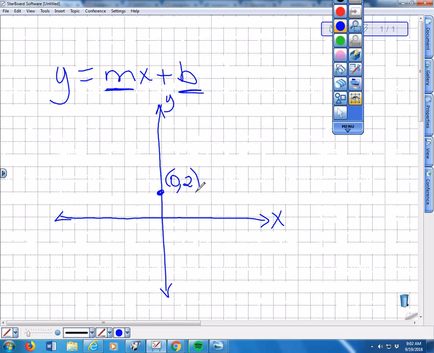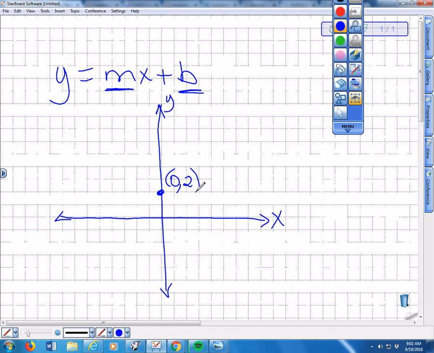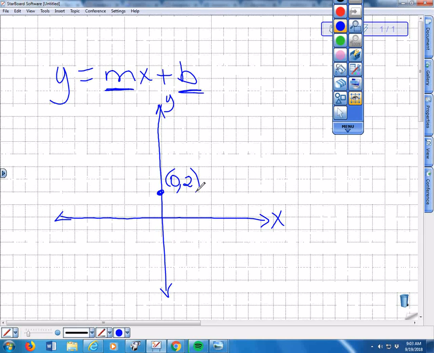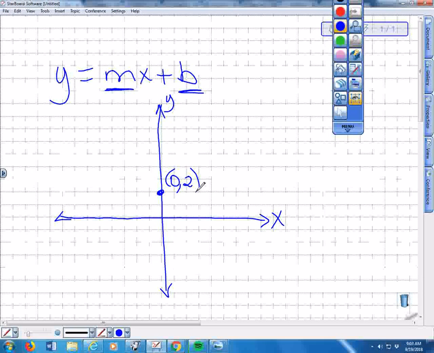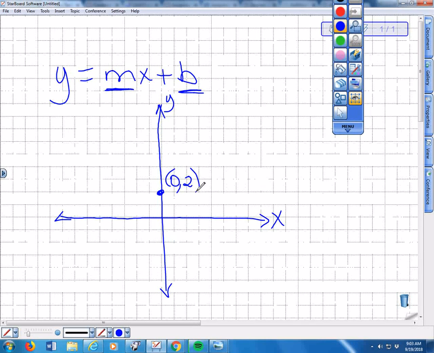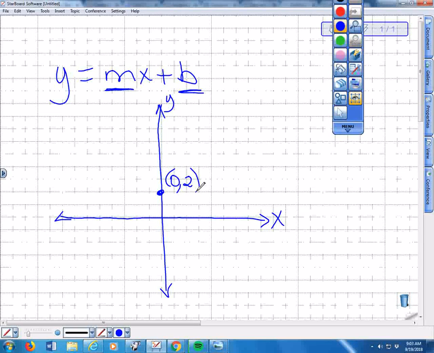Okay, if you're given a point and x is 0, you can look at that point right away and say, they just gave me the y-intercept. That's pretty cool. Then you don't even have to solve for things because you already know what the y-intercept is. Those are the best kinds of questions, and those are the questions ACT likes to give you because they want to see that you understand (0, 2) is the y-intercept.